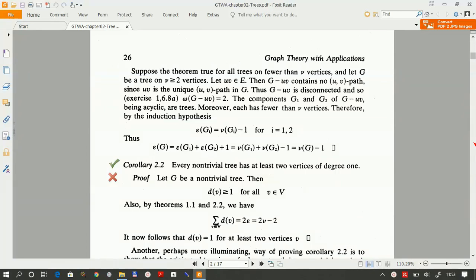Then by summing up everything, we would get the sum of all degrees to be greater than or equal to 2 times n. But it's not true, because the sum of all degrees is equal to twice epsilon, which is twice n minus 2. So at least in 2 cases we must have that the degree is equal to 1. Okay?